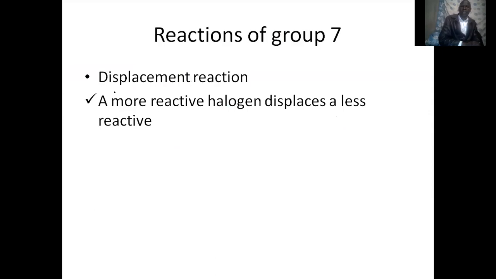The reaction that these elements undergo is known as a displacement reaction. It is a displacement reaction because only a more reactive halogen can displace a less reactive halogen.